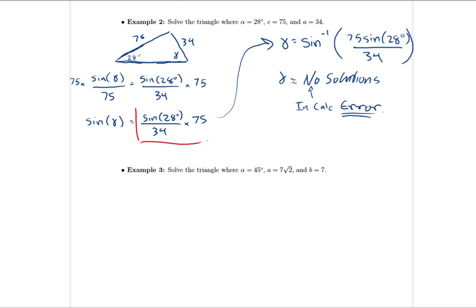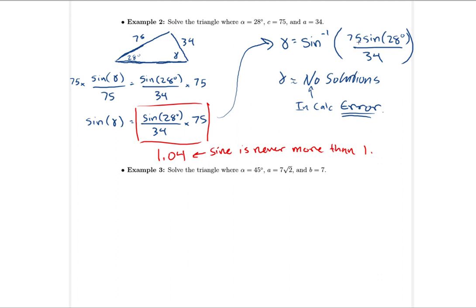This thing right here, if you calculate that, is 1.04. And remember that the sine is never more than 1, right? Sine oscillates between -1 and 1. So if you're trying to say the sine of gamma equals something bigger than 1, then you're in an impossible situation, and so you get no solution here.